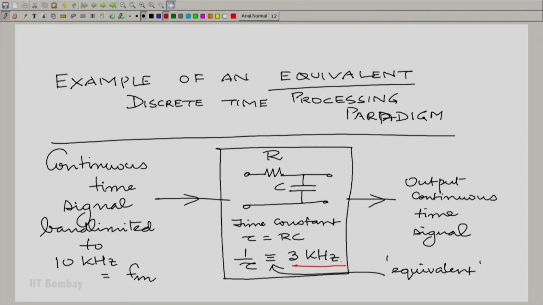What you are saying here is that 1 by tau needs to be equal to the corresponding angular frequency, which is 2 pi into 3 kilohertz. That is what we mean. And if we do that, at 9 kilohertz you have the power falling down to 10%. At 3 kilohertz you had the power falling down to 50%, half power, and at 9 kilohertz, 1/10 power.